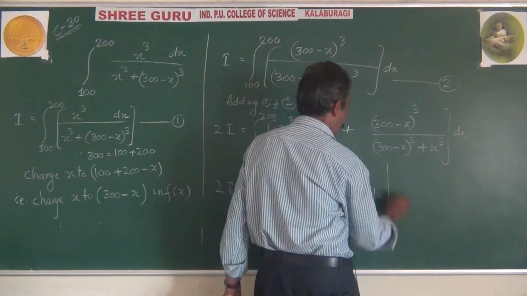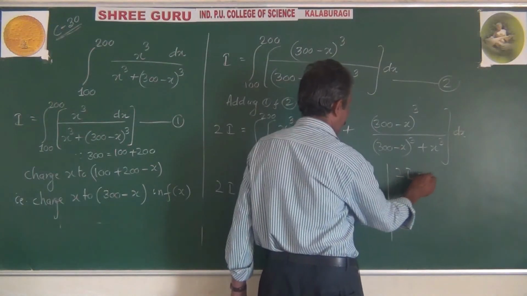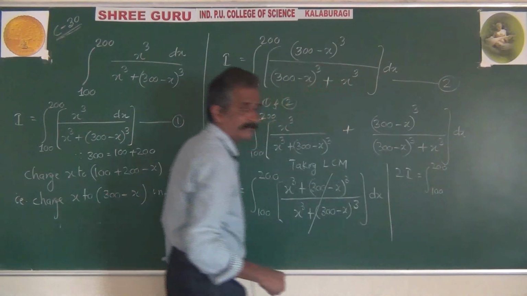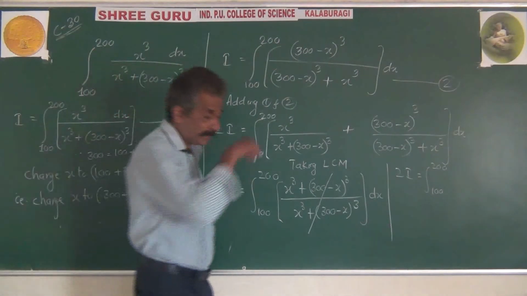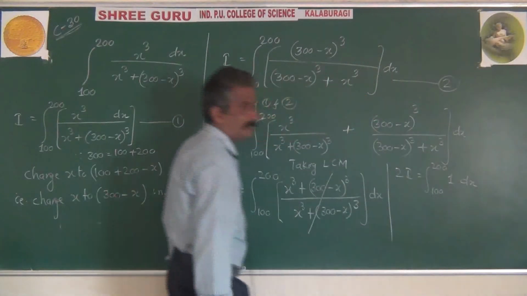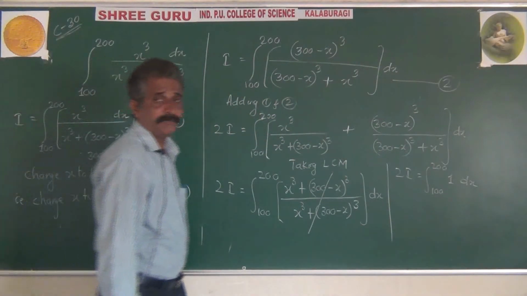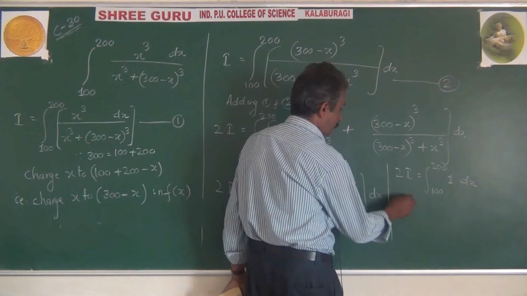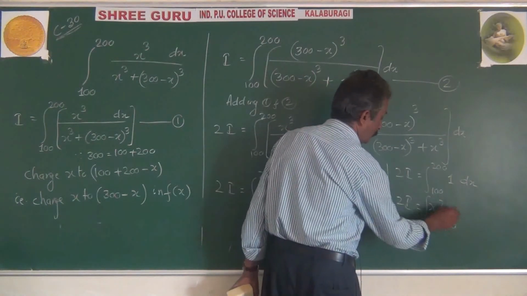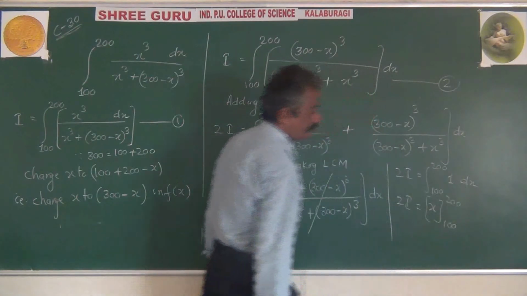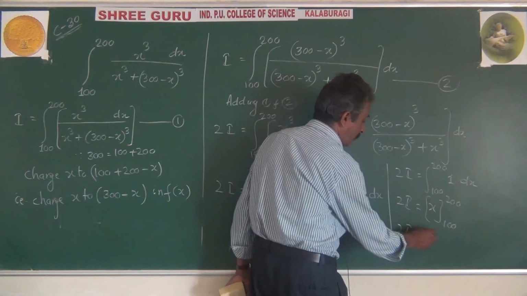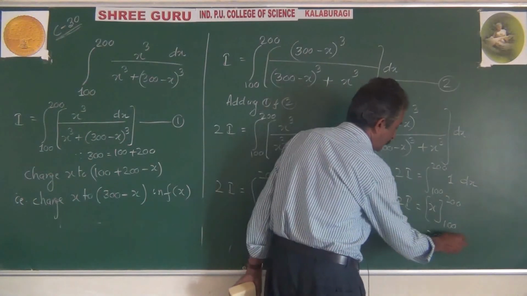So, 2I equal to integration 100 to 200. How much left? 1 dx. But integration of 1 dx is x. 2I equal to x, limits 100 to 200. 2I equal to upper limit value 200, lower limit becomes 100 only.